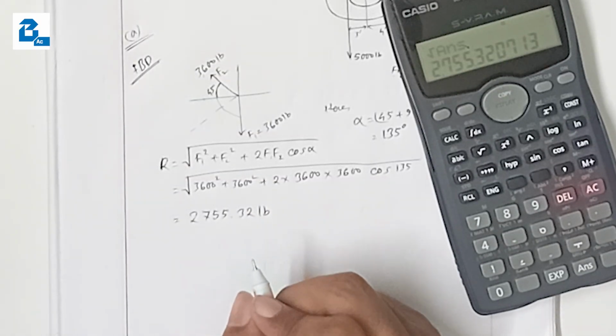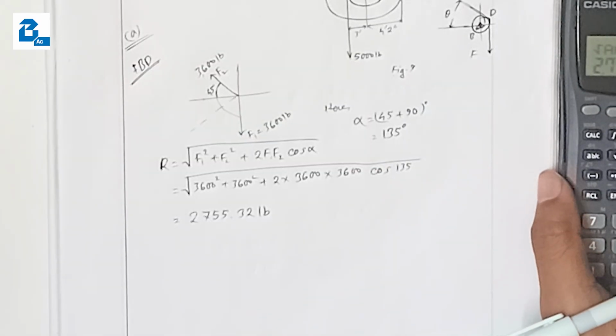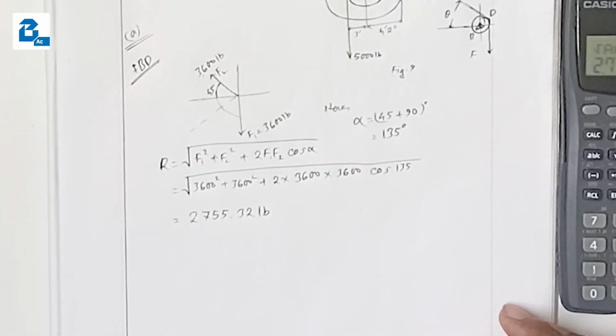That would be the magnitude of the resultant which is acting on the shaft B.